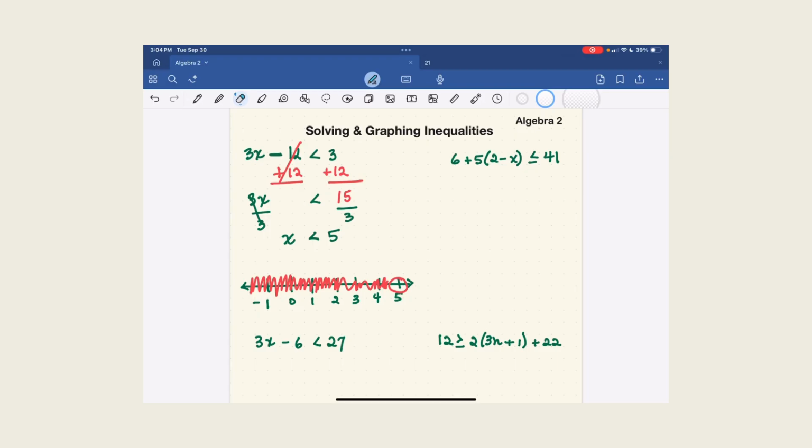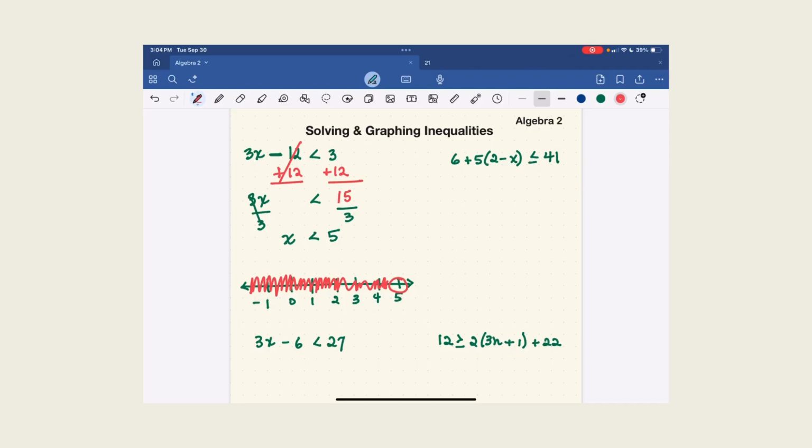All right, so next we'll go to 6 plus 5 times the quantity 2 minus x is less than or equal to 41. And we will start by getting rid of these parentheses.